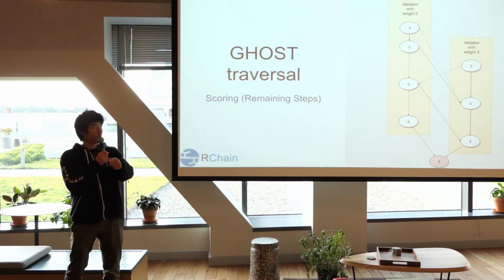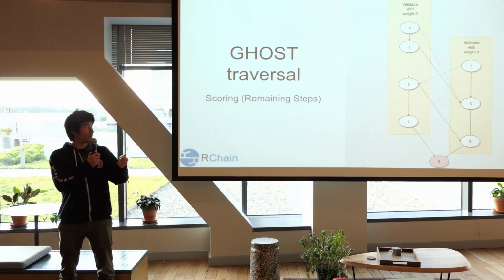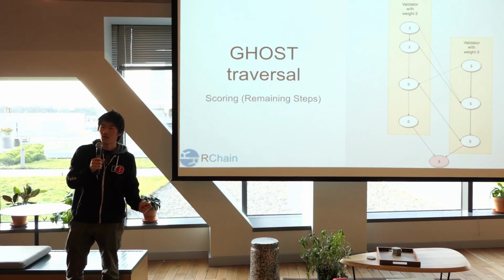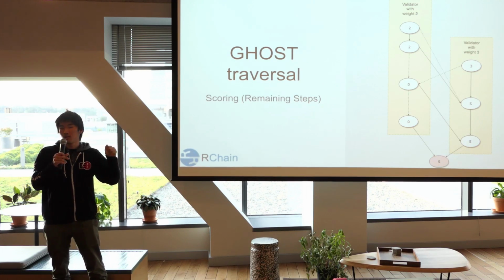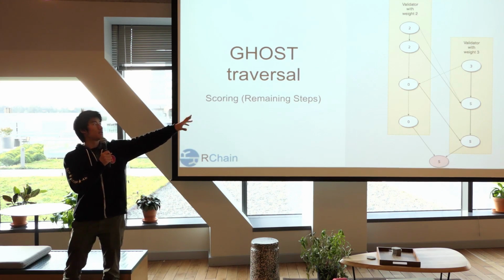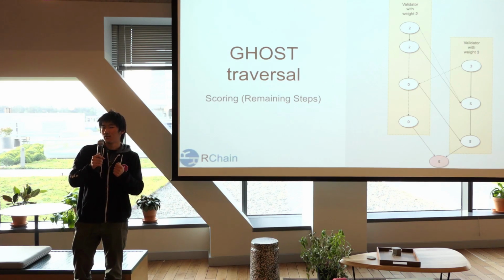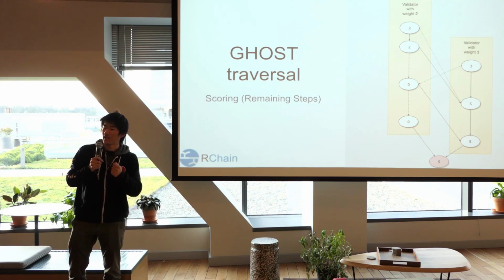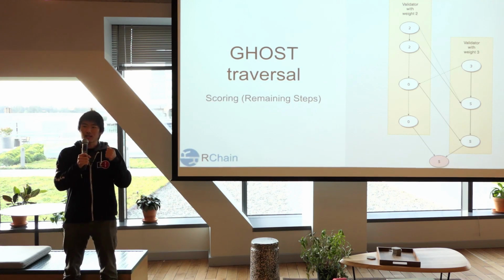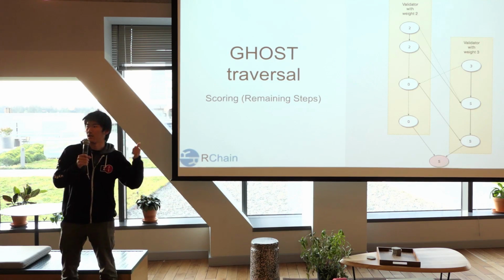And so you go up to 5, and then you get another choice between 0 and 5, and then you go up 5 again. And then now you have a choice between 2 and 3, so you go up 3. And so what you're supposed to build on is the top right block, right? So that's how you resolve ties, because even if 2 validators create the same block, they'll be scored differently according to this.